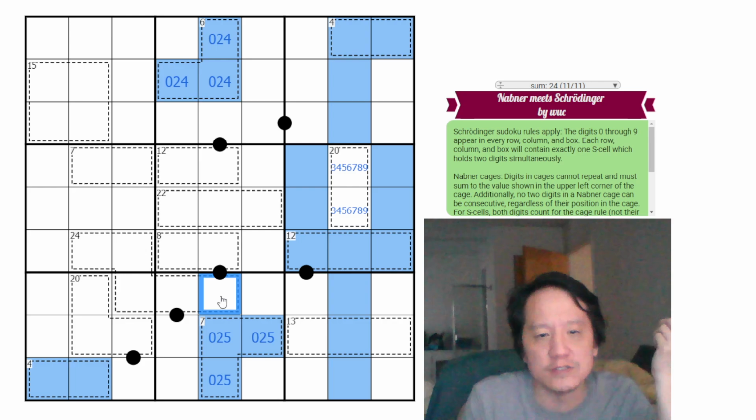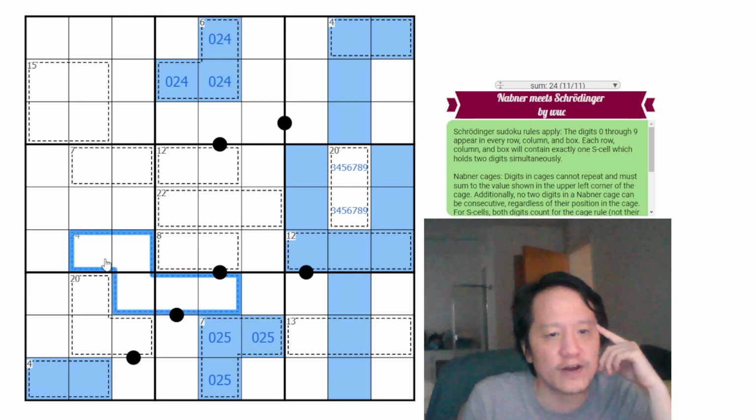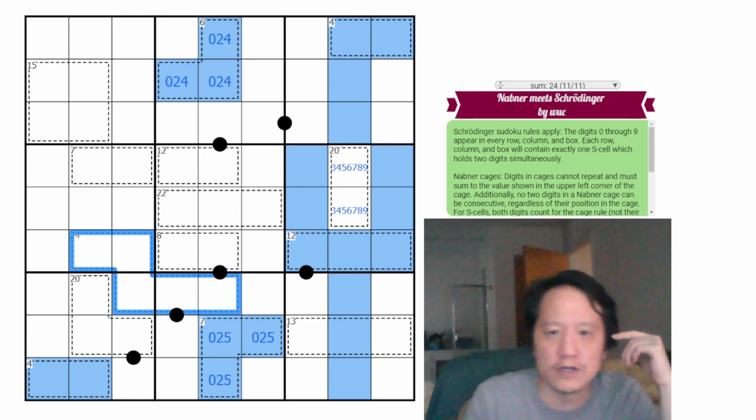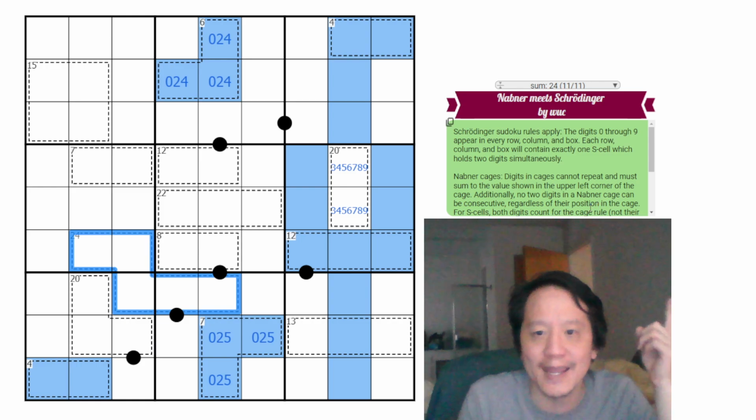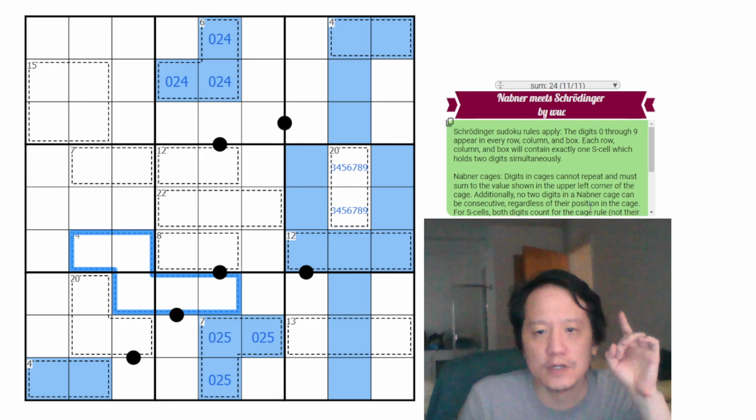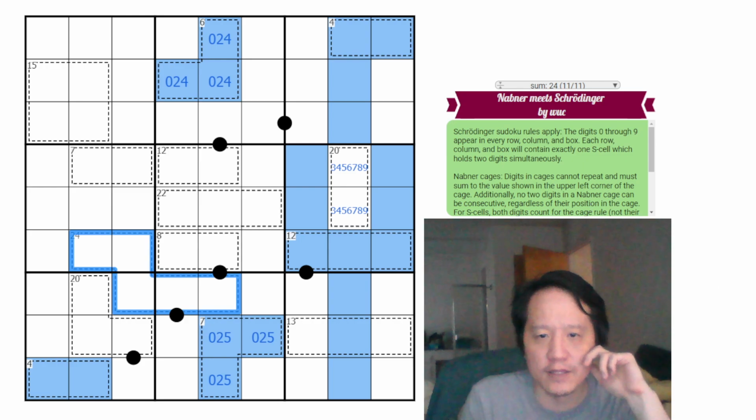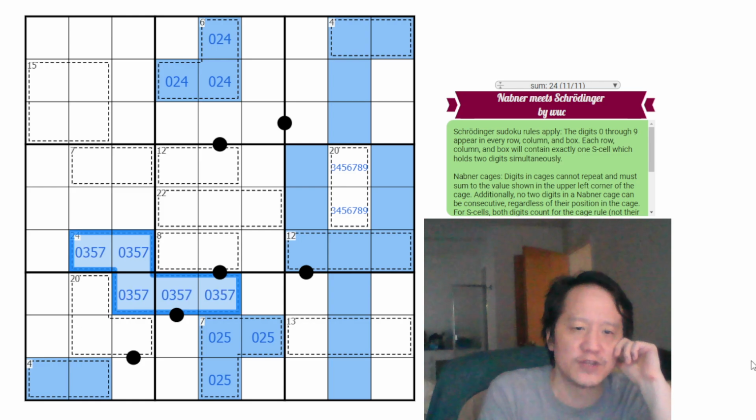So this has to be 0, 5, 0, 3, 5, 7, 9. Because cases cannot repeat either, and no 2 digits in the case. So first of all, none of them are Schrödinger. And it has to be 0, 3, 5, 7, 9.